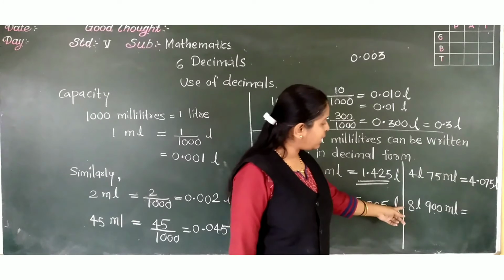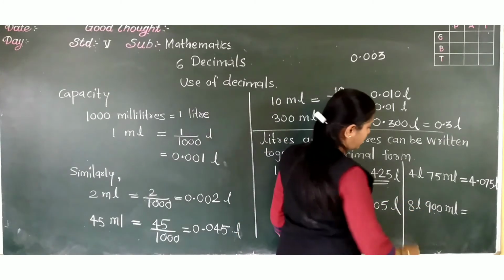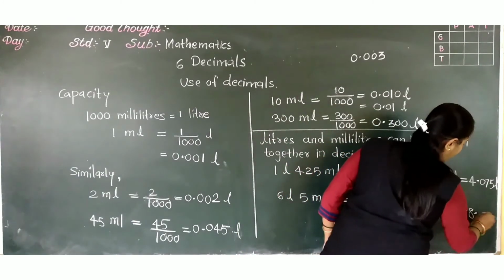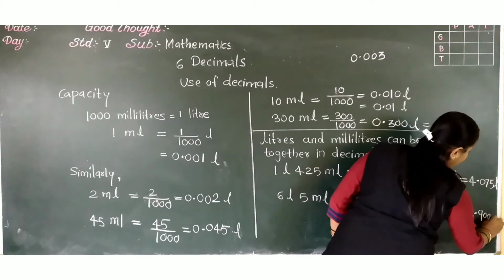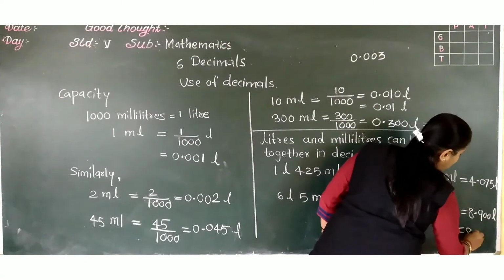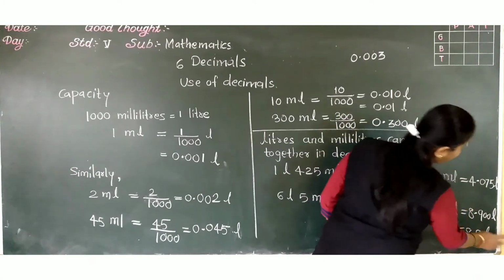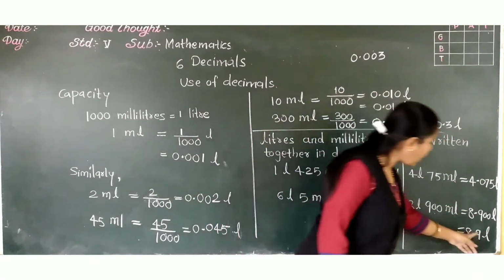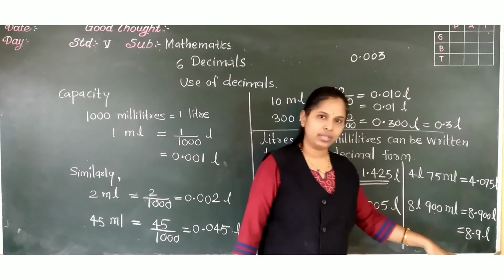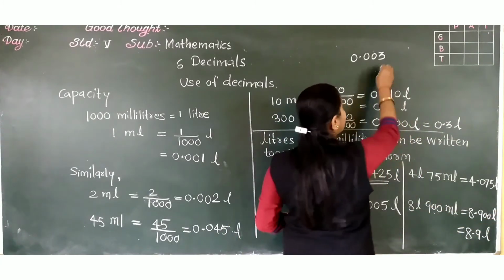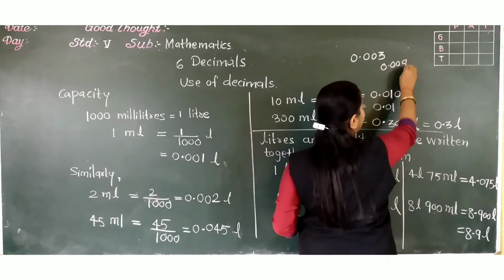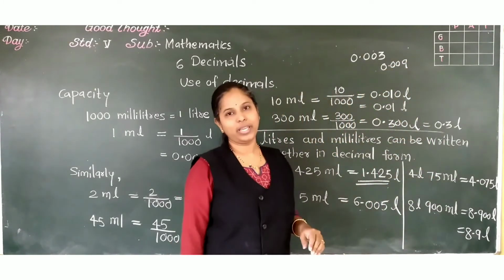Next, 8 liter 900 milliliter. So you can write 8.900 liter, or this you can write 8.9 liter. In this way also you can write. 0.9 means 900. But if you want to show only 9, then how will you show? 0.009 in this way. Okay?